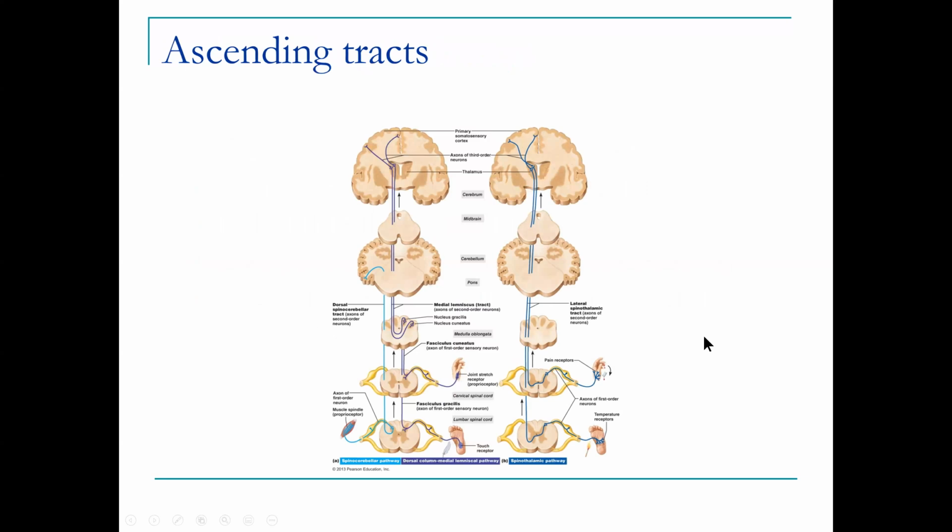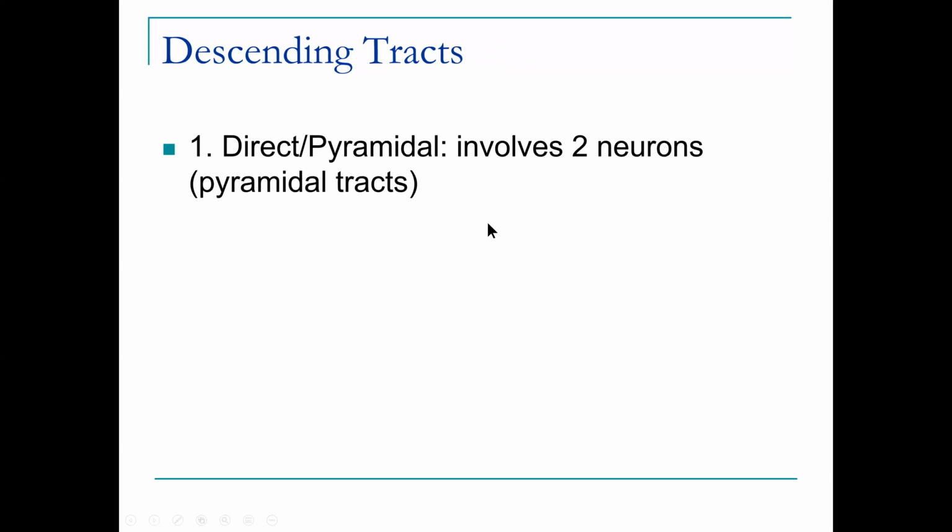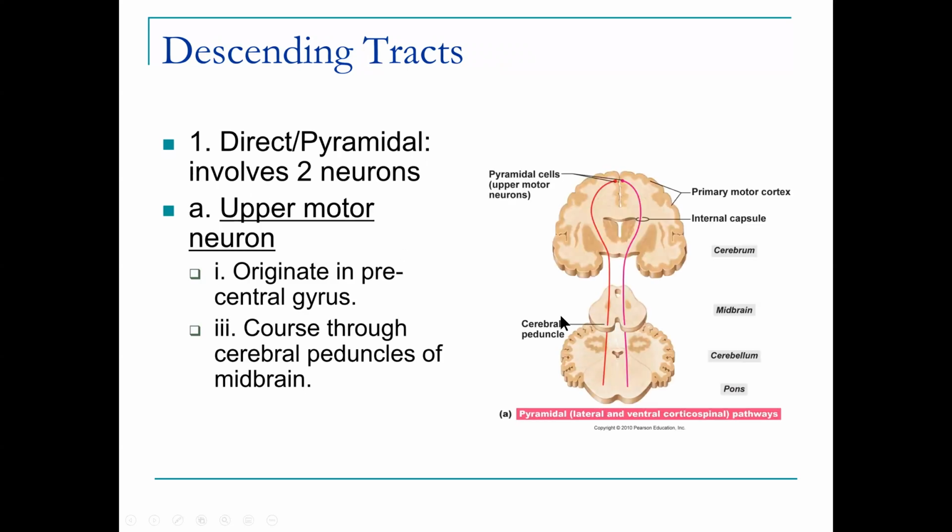So these are the ascending tracks. Descending tracks, we look at 2 descending tracks. Now we don't have the first, second, and third order neurons in the descending tracks. We have upper motor neurons and lower motor neurons. The direct pyramidal tract involves 2 neurons. This is the pyramidal tract.